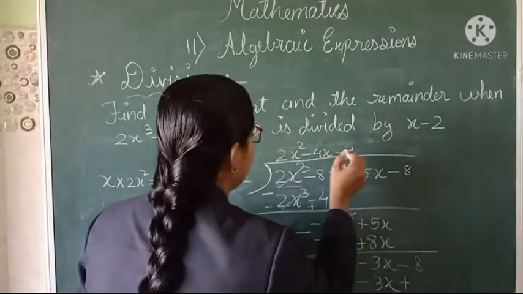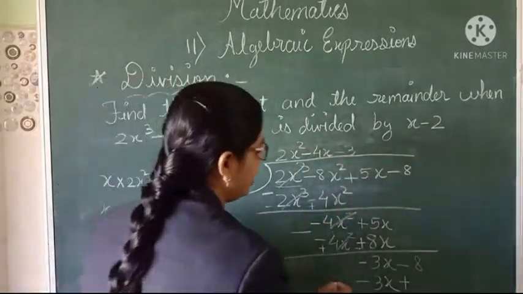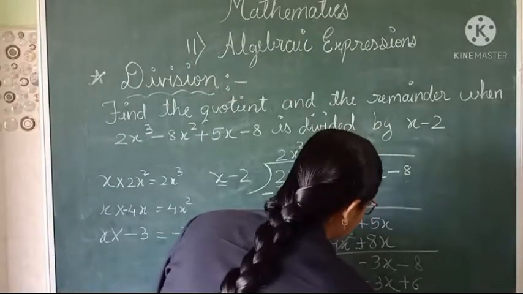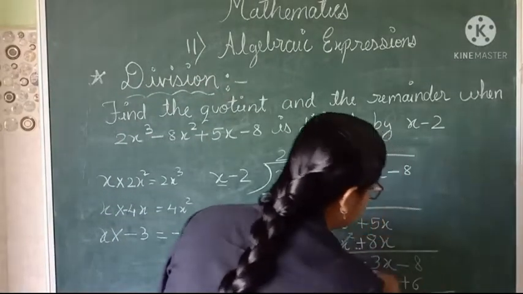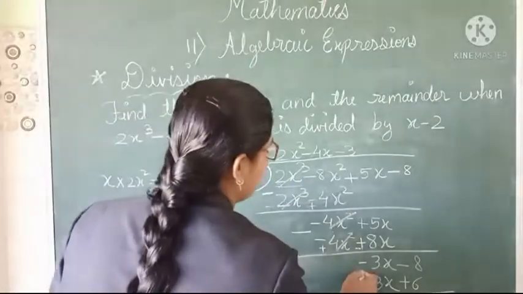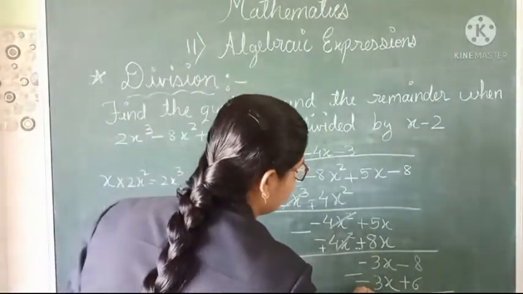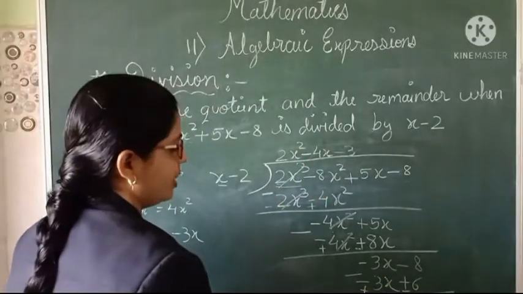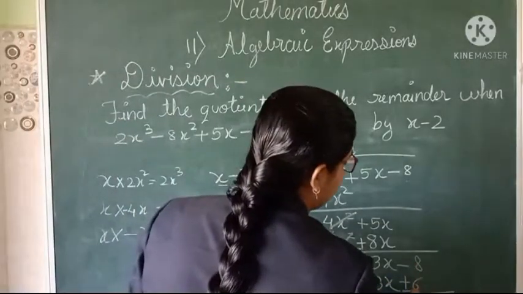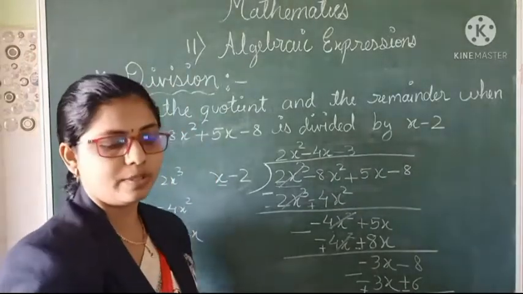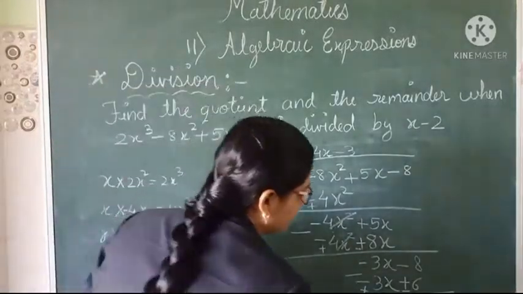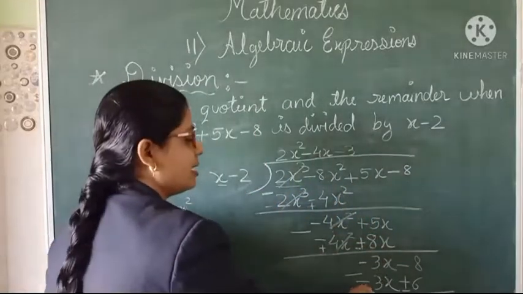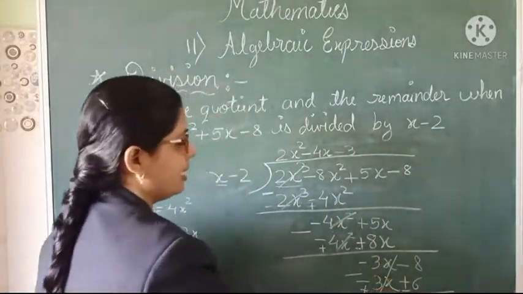What will be there? 3 into 2, 3 2s are 6. Okay. Now subtraction, so signs will change. Here will be negative. Now this negative 8 and negative 6 will be negative 14. And negative 3x and positive 3x will get cancelled.